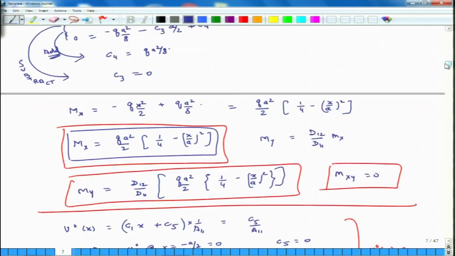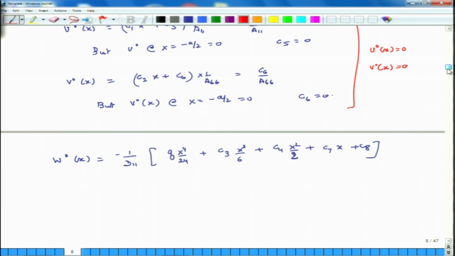Now, we have already said C3 is equal to 0 from here, and C4 is QA square over 8, right. So, we first use those conditions.